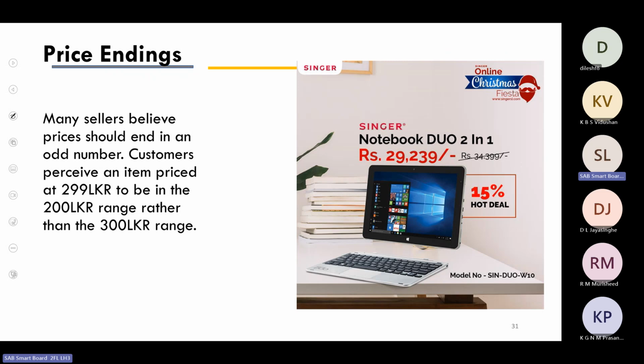Customers perceive an item priced at 299 LKR to be in the 200 range rather than the 300 range. That's why sometimes we purchase products for 990. We tell others that it was less than 1,000, but it is almost 1,000 rupees. That is how we behave.